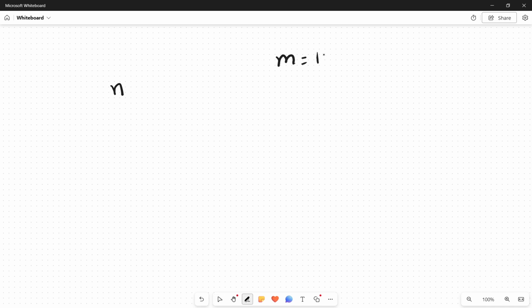Suppose m is 1000, and suppose n is 1001. Or generally speaking, if we take n greater than m, then what happens?